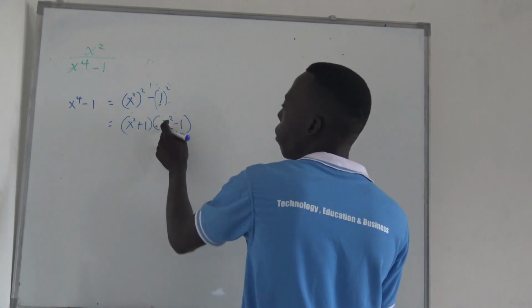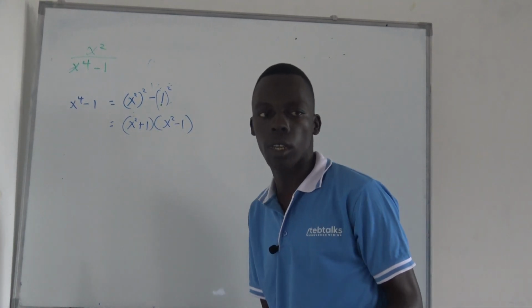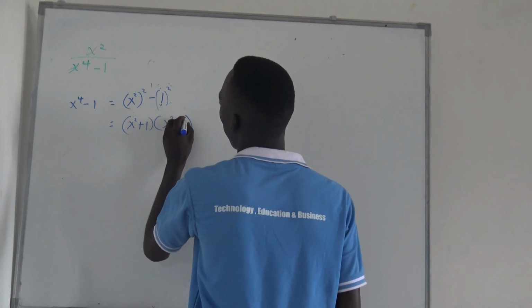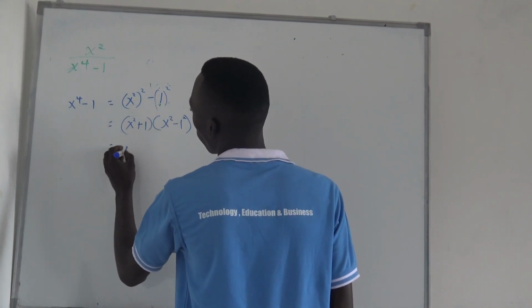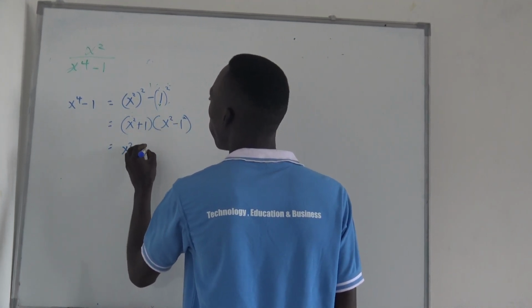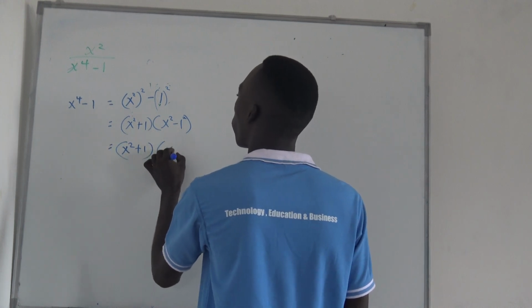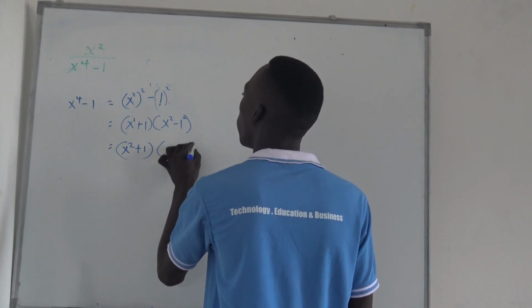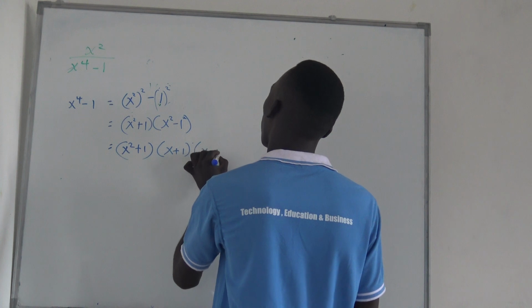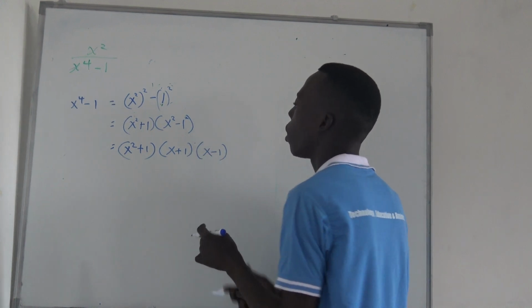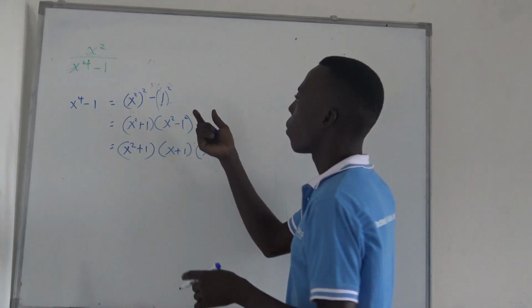Also, this one is a difference of two squares. It can be expanded also, which gives us x squared plus 1 times x plus 1 times x minus 1.